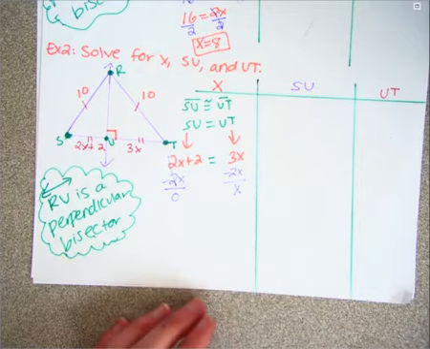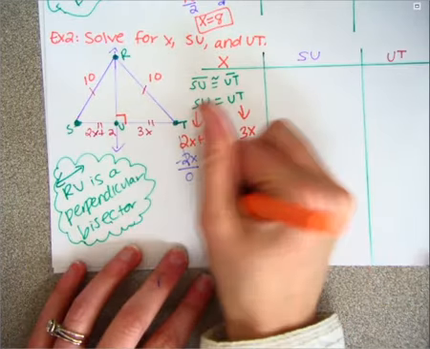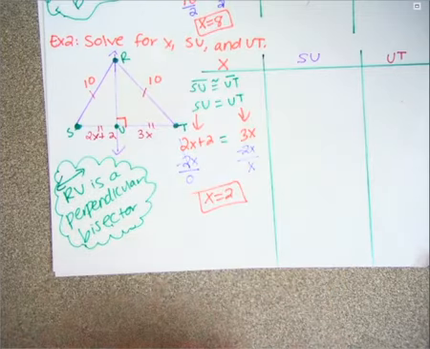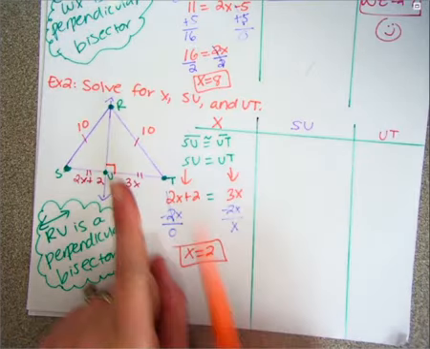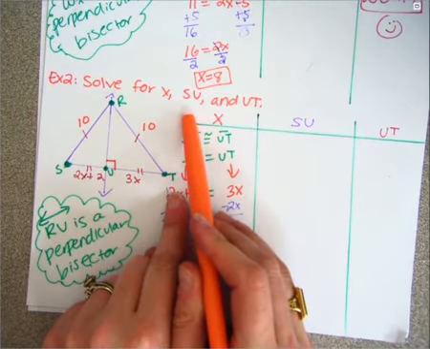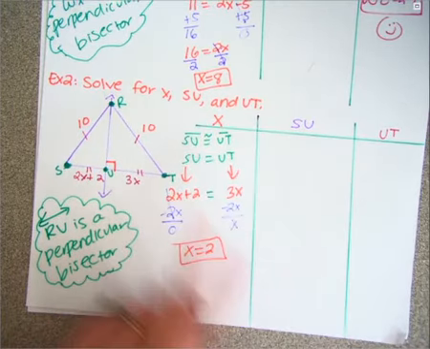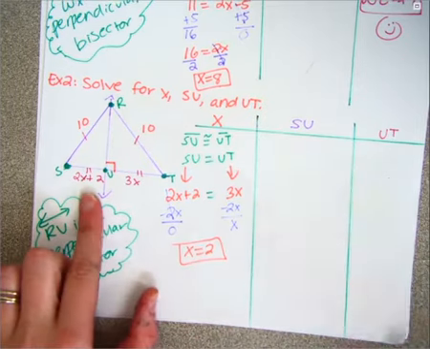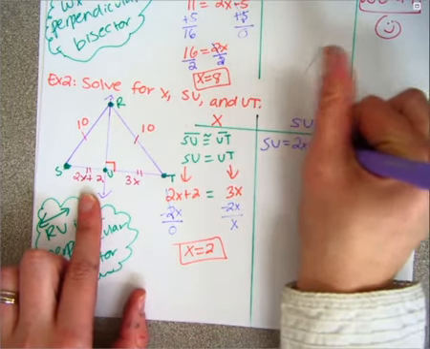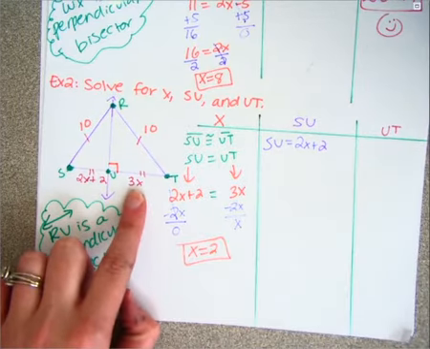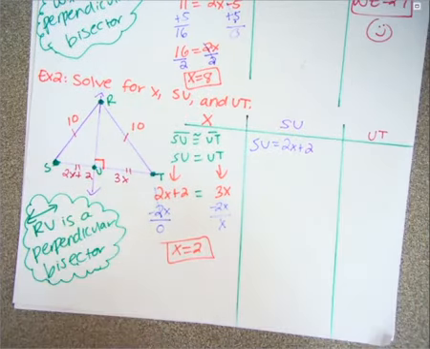So X is 2. Nice. That wasn't too bad, right? But we are not done solving because we need to solve for SU and for UT. SU equals 2X plus 2, and UT equals 3X.